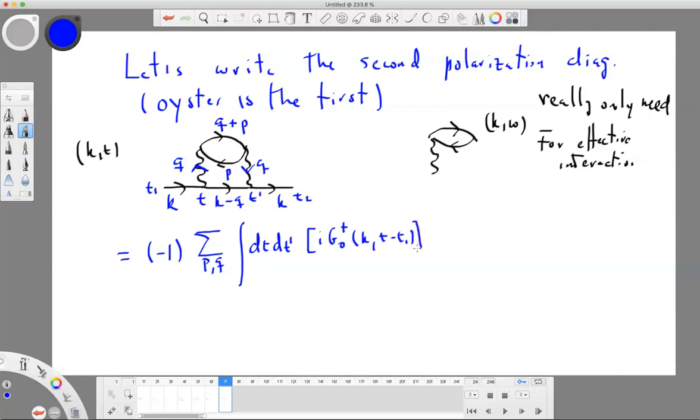Then we arrive at the first interaction, which is going to be -i, just following the Feynman rules. Then we can write the other propagator, this one here: i G0 plus, K minus Q, between t prime and t.